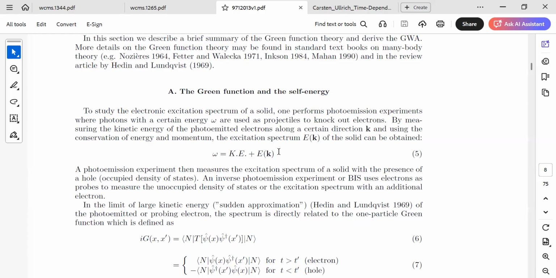And the problem with DFT is that when we calculate the Kohn-Sham energies, those Kohn-Sham energies are not the same as the energies of the states of the system between which the system makes an excitation.